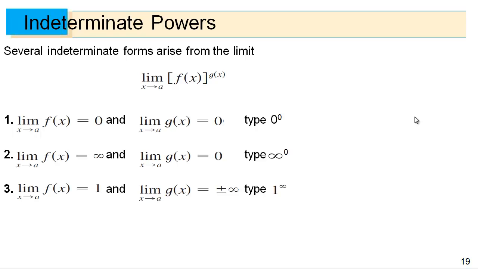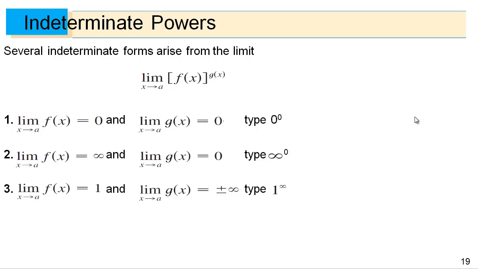One function goes to infinity, the other goes to 0, and you get infinity to the 0. Or one function goes to 1 and the other goes to plus or minus infinity, and you get 1 to the infinity.